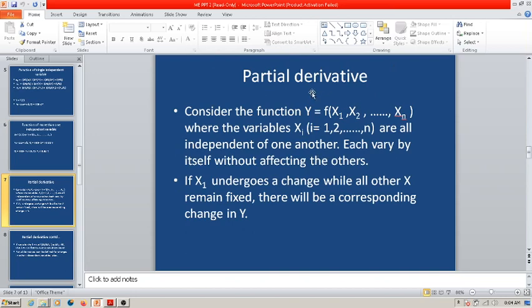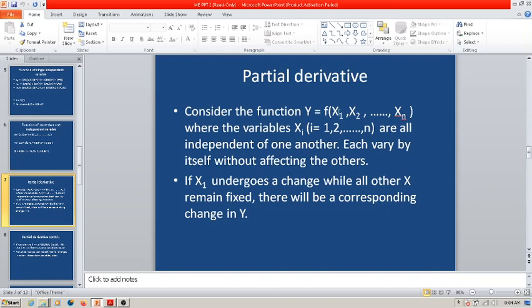Coming to the partial derivative, consider the function y is equal to f of x1, x2, etc. up to xn, where the variables x are all independent of one another. All these variables are influencing y, but they are independent of one another, and each independent variable varies by itself without affecting the others.